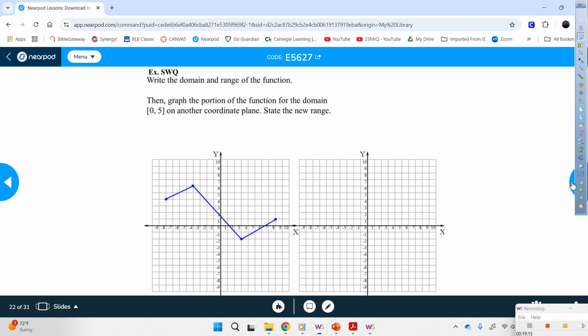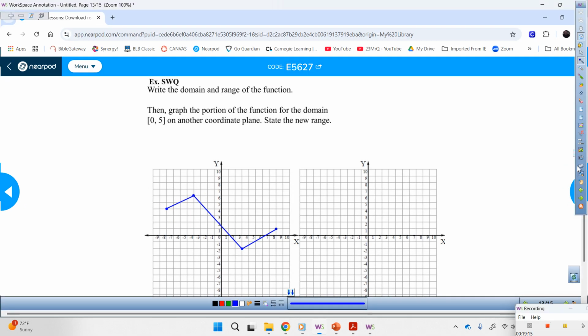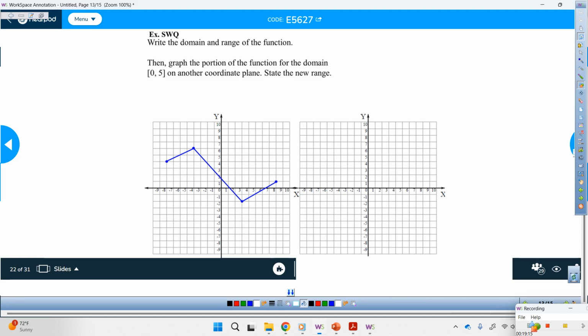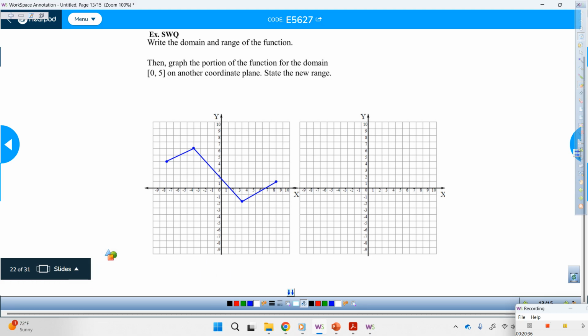Example, Star Wars Q. Again, I give you the same graph, but now, check this out. I want you to graph on the other graph from the domain 0 to 5. 0 to 5. So we're looking at what?